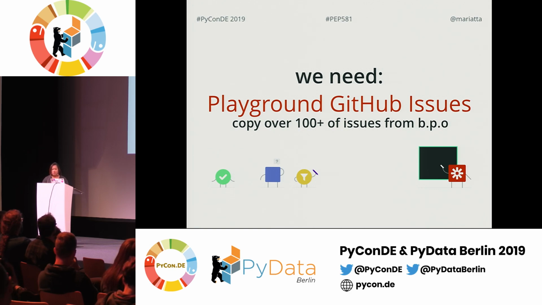Maybe we need to improve the documentation. We need to build appropriate tools. So we need to do this. I'll also need help, someone to actually write that script to import from the existing bug tracker to GitHub. So if this is something you're interested in, let me know.